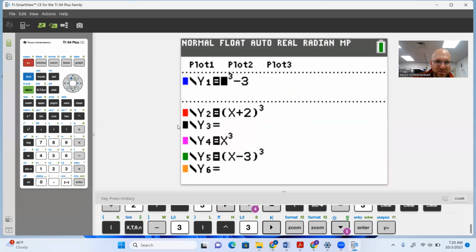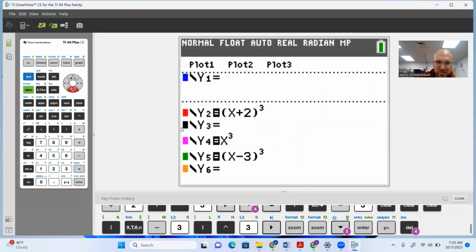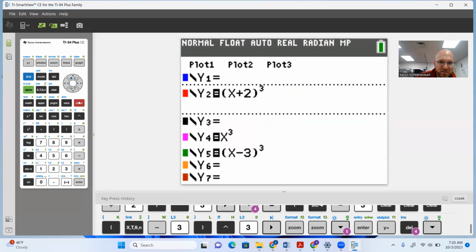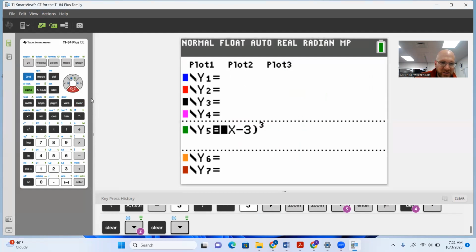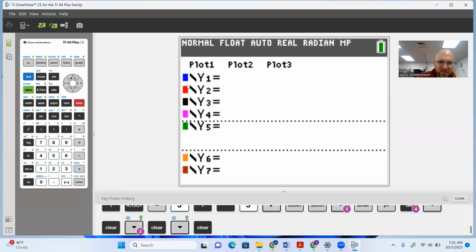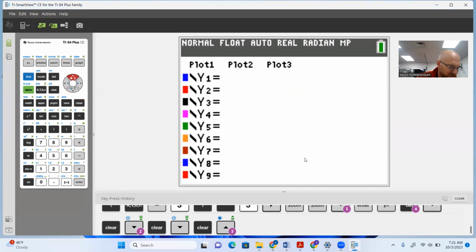Okay, first thing I need to do is clear all of these out. And again, I'll match the colors that I did on the whiteboard. So the original I did in red.